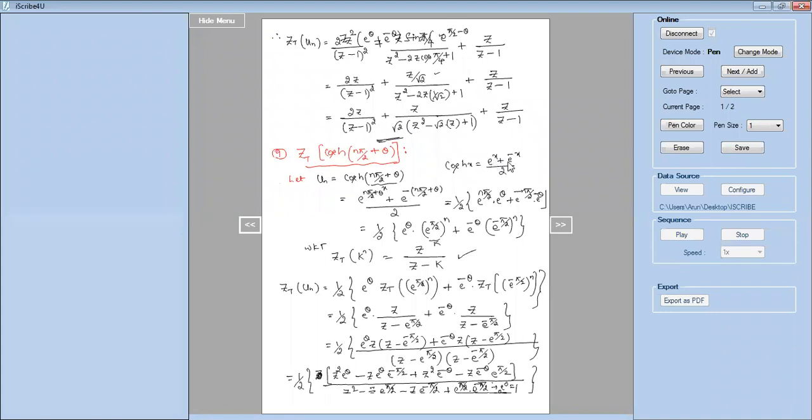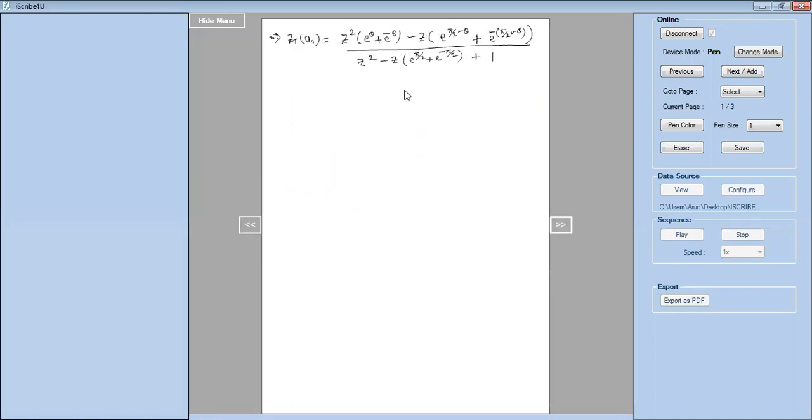You know, e power x plus e power minus x, if you cross multiply, it becomes 2 cosh x. So here you get 2 cosh, x means theta. So I can write this as 2 cosh theta. So I can write this as z square into 2 cosh theta minus, next term again the same, this is e power x plus e power minus x.